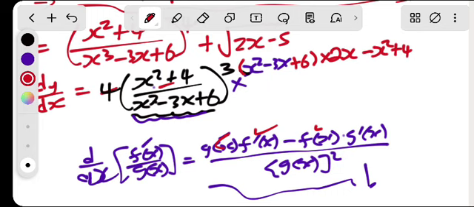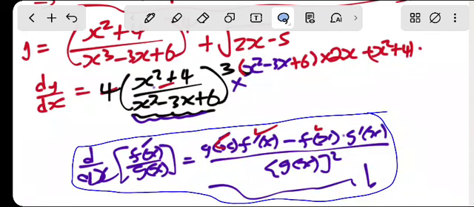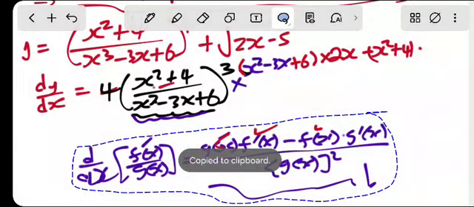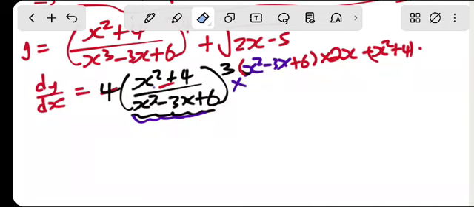Let me make a little space there by reducing this a bit.